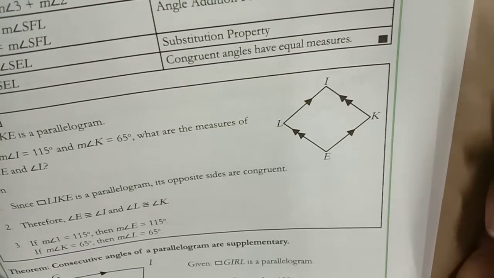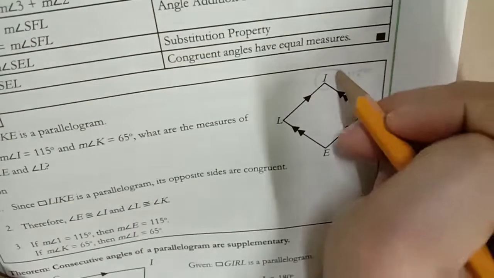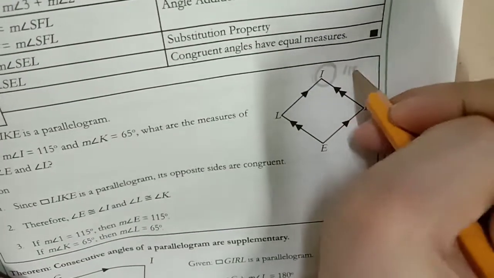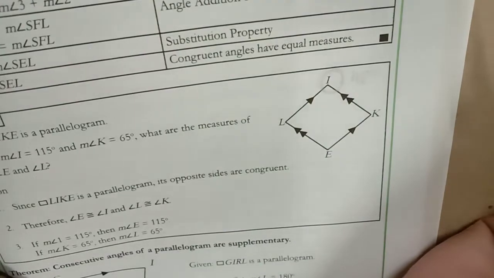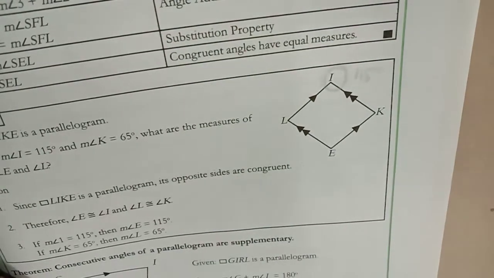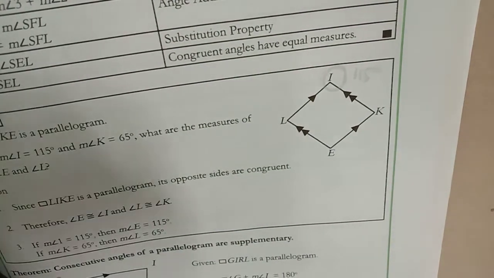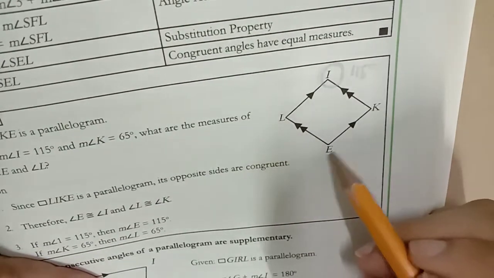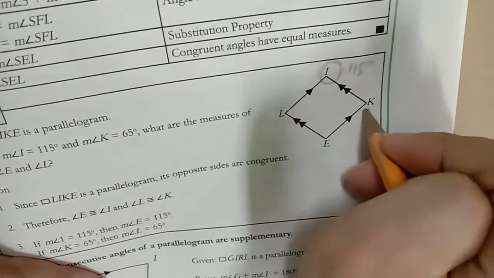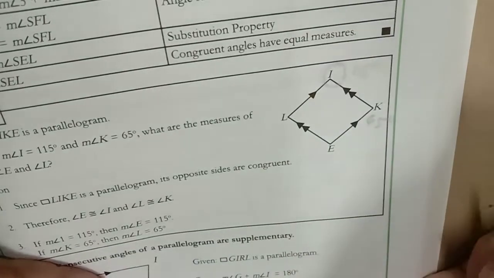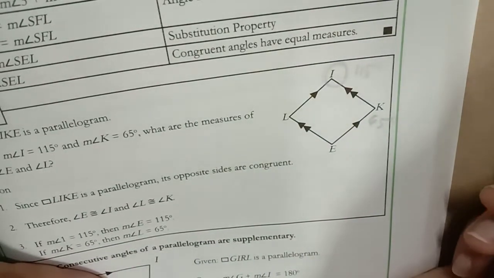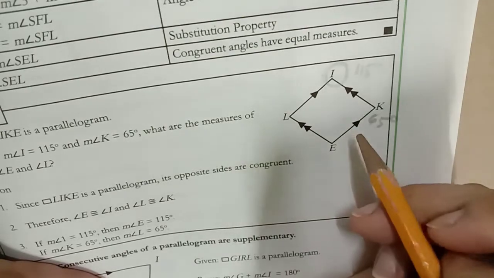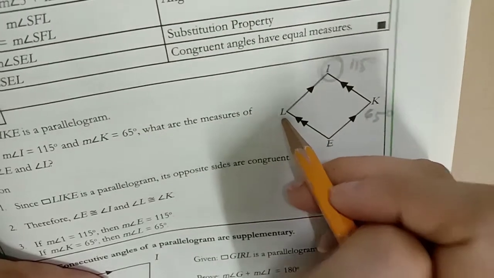Alright, so yung measure daw po ng I natin is 115. Ayan, hindi masyadong kita ang aking lapis. Bawal kasi ako mag-ballpen. Okay, so 115 daw po. At yung K daw po natin ay 65. Okay, so what will be the measure of E and L?